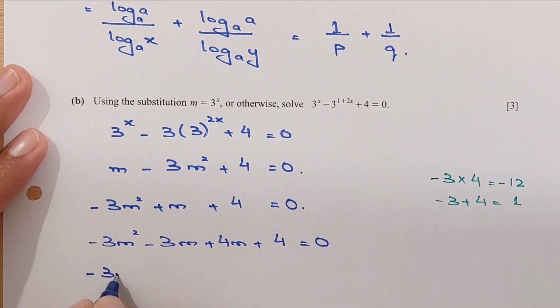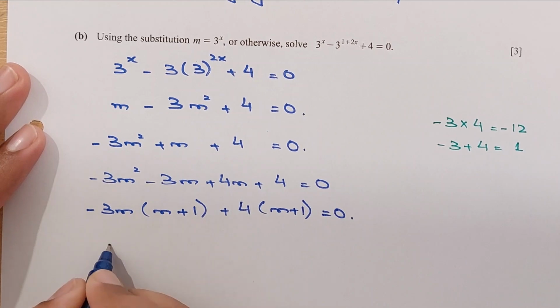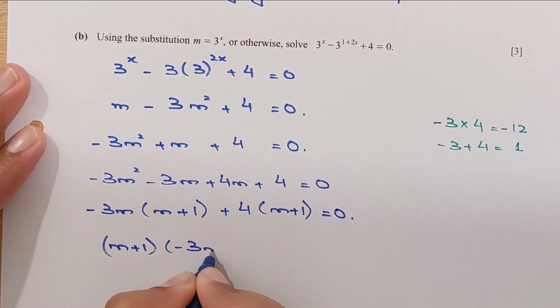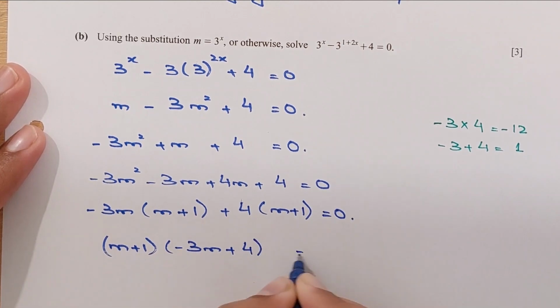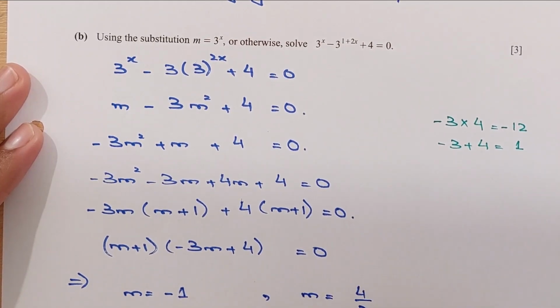Taking negative 3m common, we have m plus 1, and positive 4 is common, m plus 1 equals 0. Now the two factors are m plus 1 and minus 3m plus 4, equal to 0. So from here the m value is minus 1 and m equals 4 by 3.